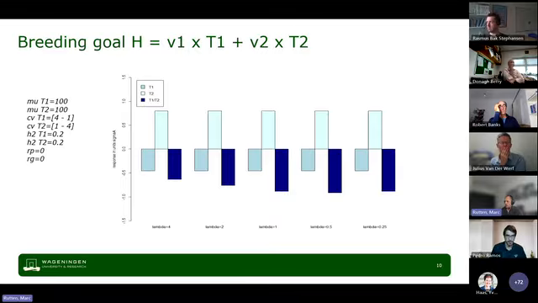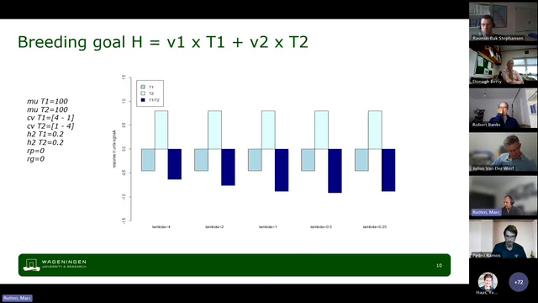And you see that the response in trait 2 mostly is lower because you have less information. Also the response in the ratio trait moves a little bit to the right. So for lambda is 4, the response is a little bit lower, but if you go to lambda is 0.5 or 0.25, the response is a little bit bigger.